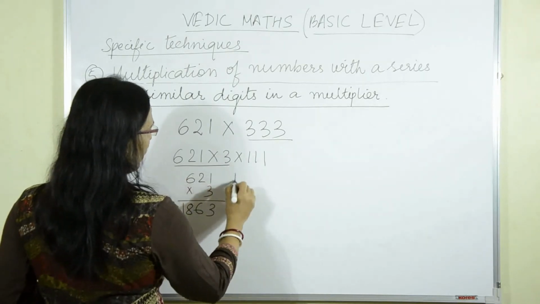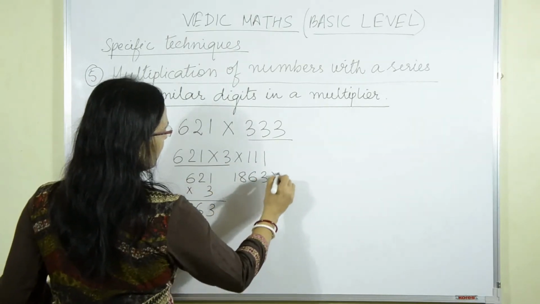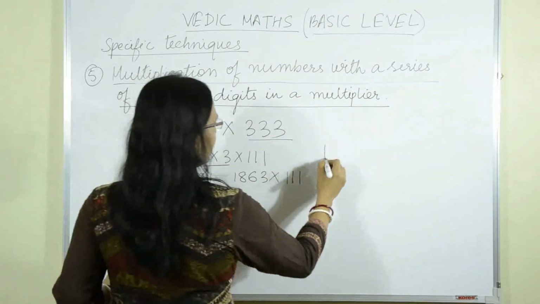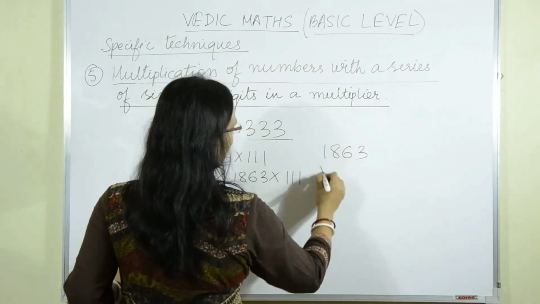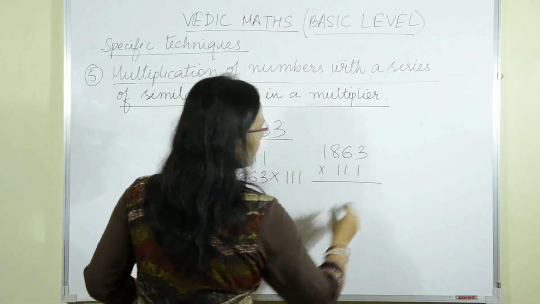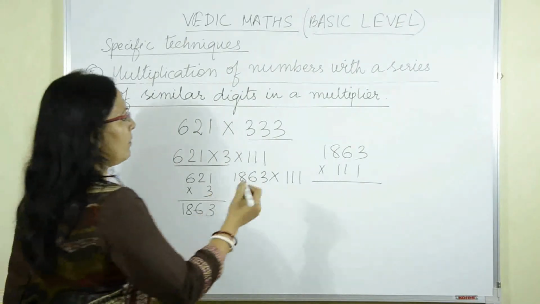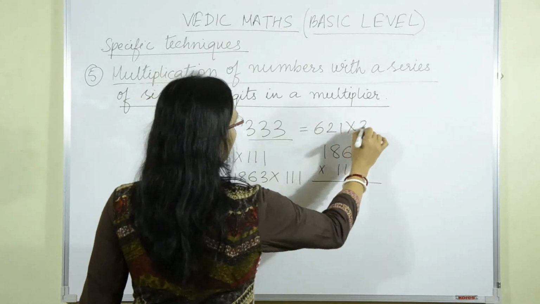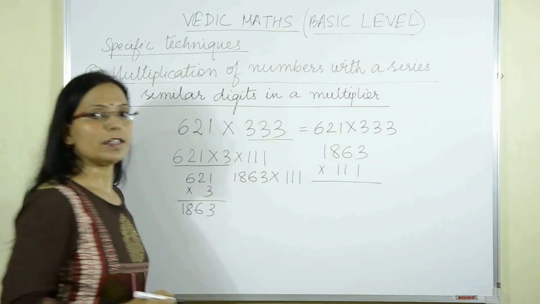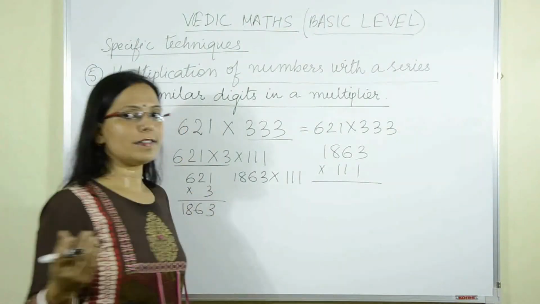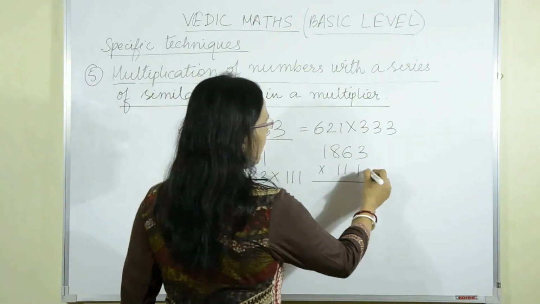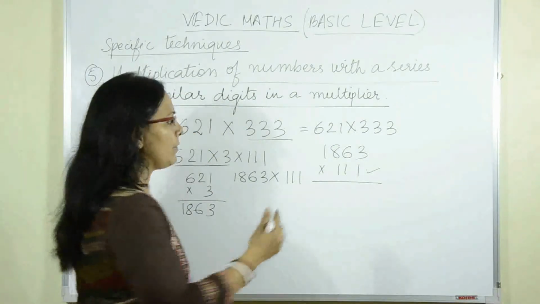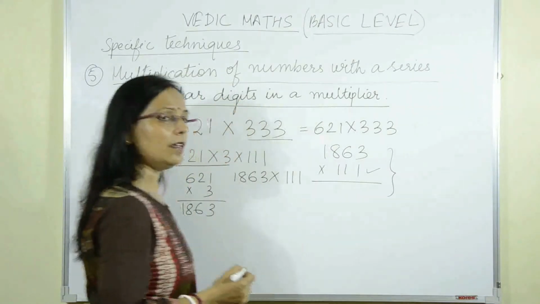Now this becomes 1863 multiplied by 111, and this is nothing but 621 multiplied by 333. So the one that I have discussed just now, how to multiply with the series of 1 in the last case, number 4, you will have to do it in a similar way to find out the answer.